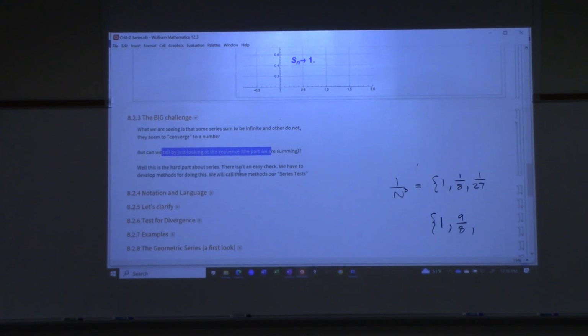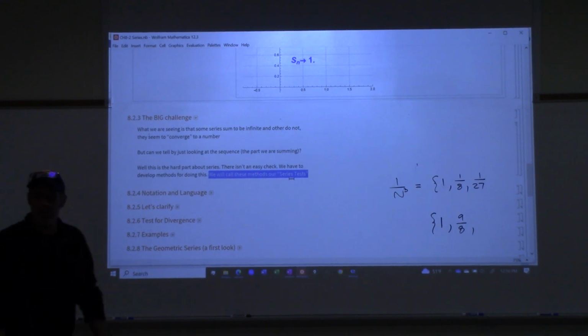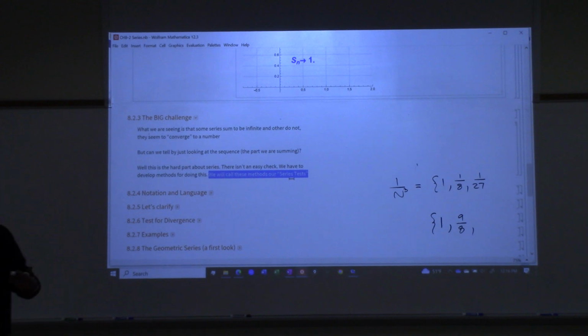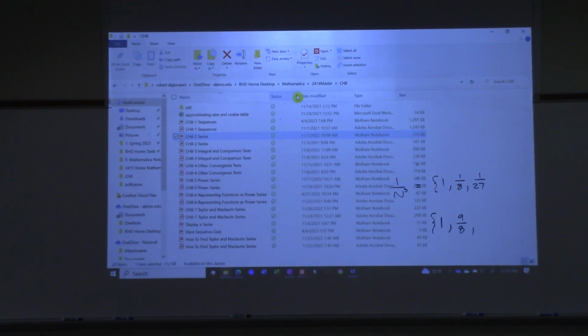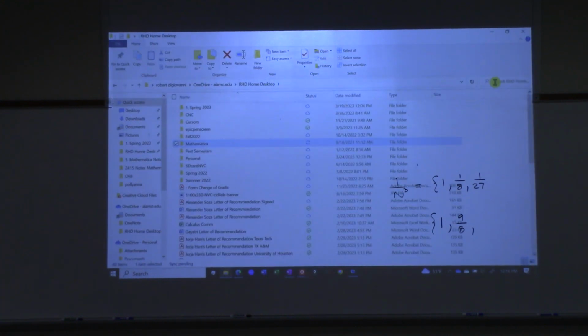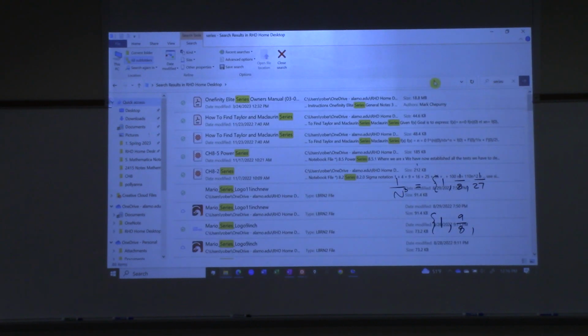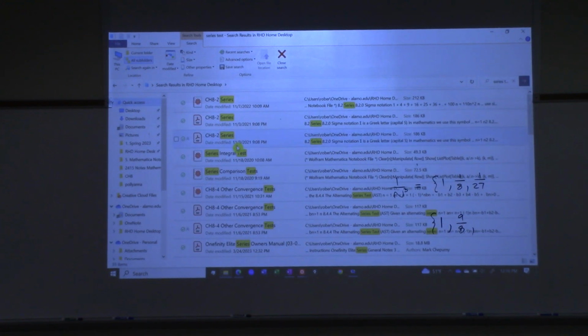In order to do this, we're going to have to develop these things called the series tests, which is a formula sheet that's on Canvas. Should we look at it? Where's my series test?